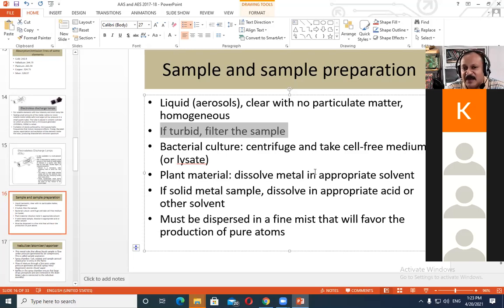If there are any particulates in the sample, then this particulate will probably block your capillary, and if the capillary is blocked, of course it will not happen very suddenly. Slowly there will be some accumulation of the particulates in the capillary, and therefore the analysis result will be affected. Even if your sample contains, say, X amount of the heavy metal, it will never show you that X amount.